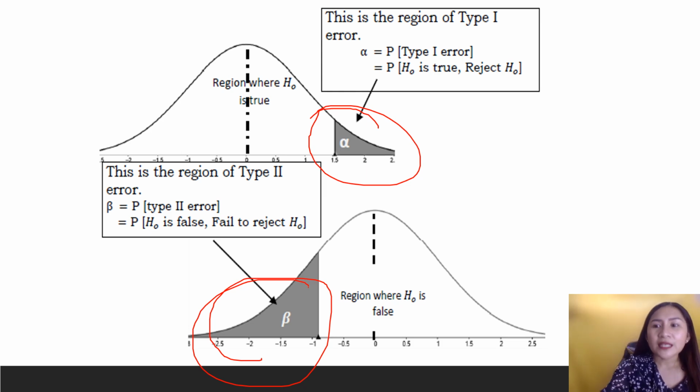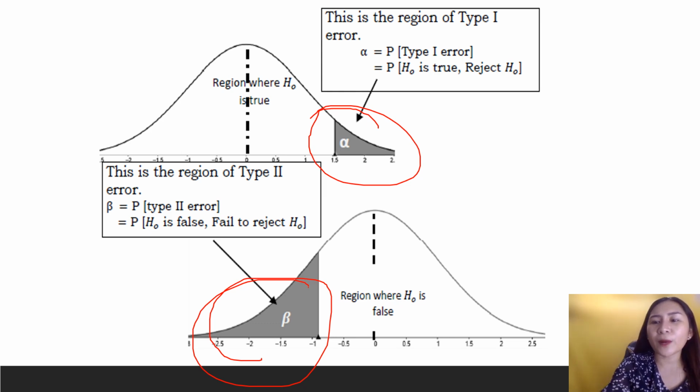Okay, nakuha? Setting a lower significance level decreases the type 1 error risk. Kaya nga, sabi ko kanina, we are basing our type 1 error probability on the significance level that we have placed in the very beginning part of our research.